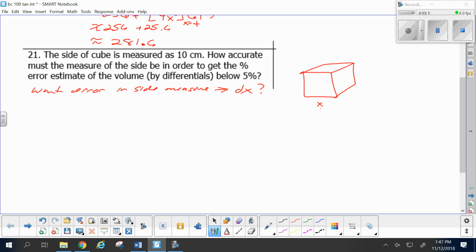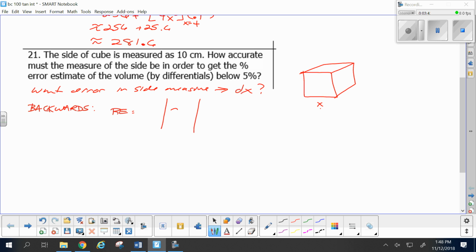So let's go backwards. How do you find percent error? How do you find relative error? Relative error is the idea of relating the error of the measure to that which you measured. Now we're talking volume here, yeah?